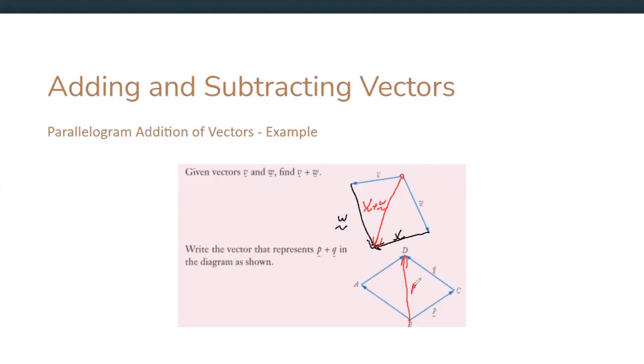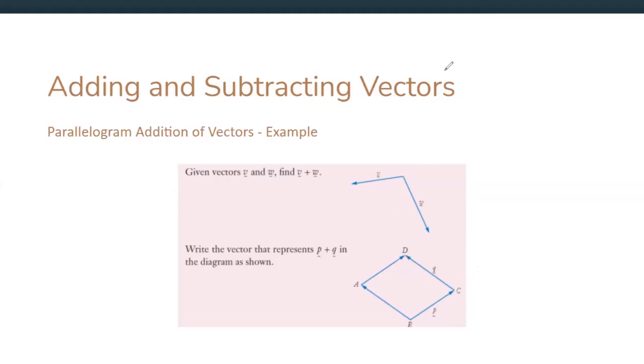So this is going to be p plus q, and that is the same as q plus p, the exact same vector. It's just another way of representing it, but just like I was going over earlier, this parallelogram rule only works because this is true.